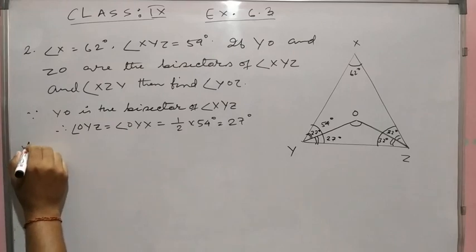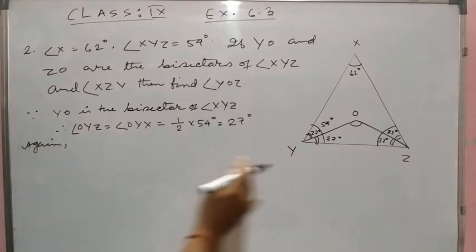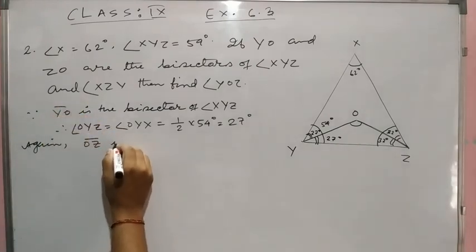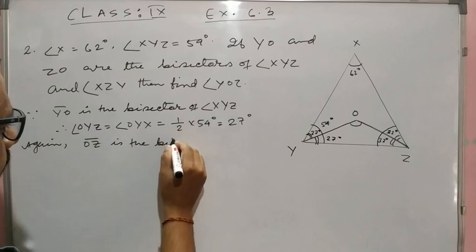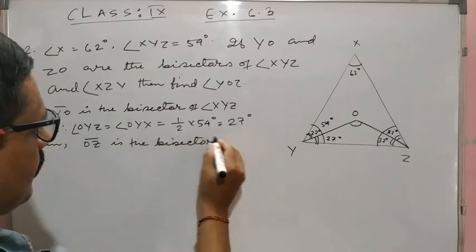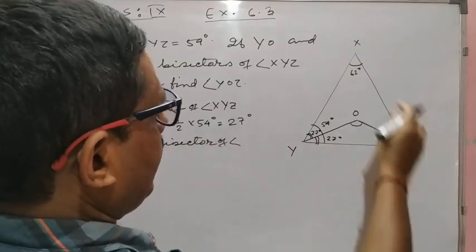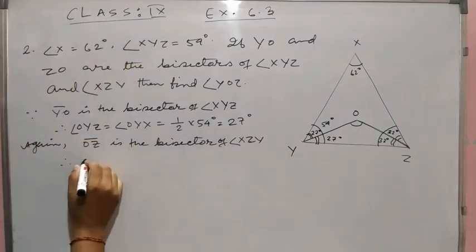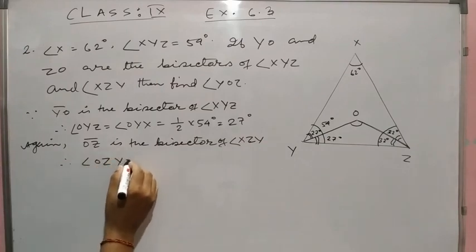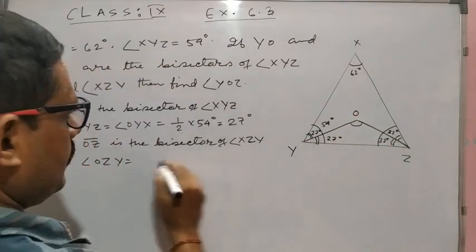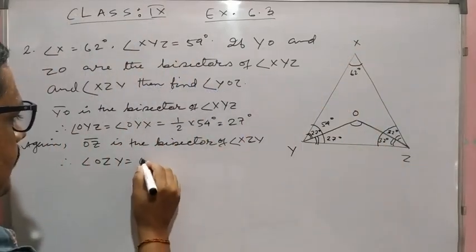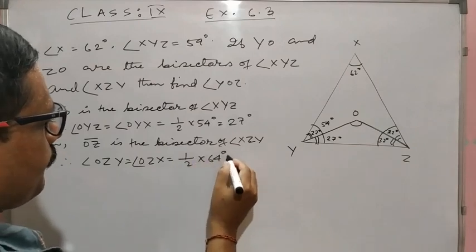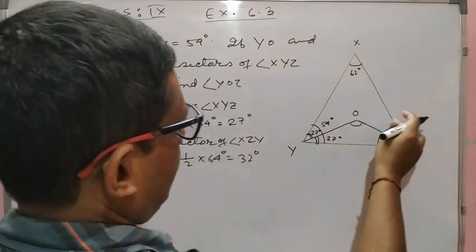Again, OZ is the bisector of angle XZY, therefore angle OZY equals angle OZX equals half into 64 degrees, that is 32 degrees, half of this total.